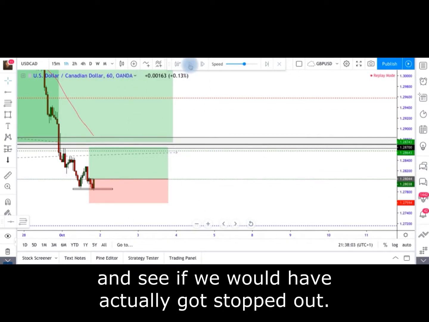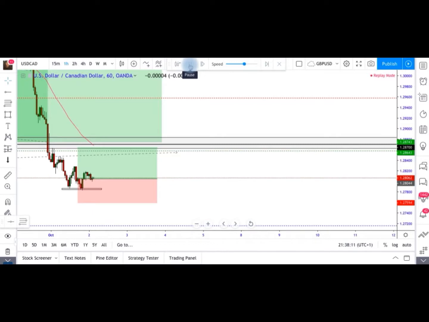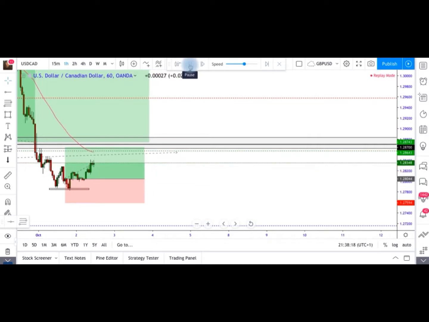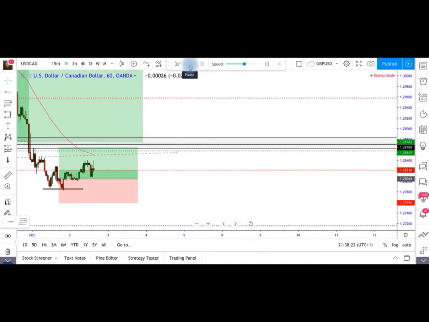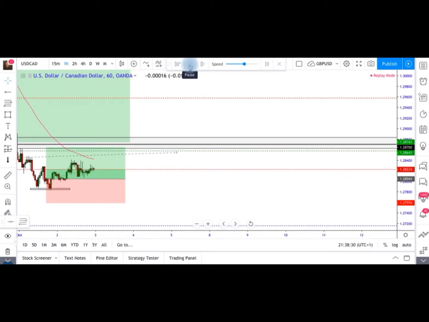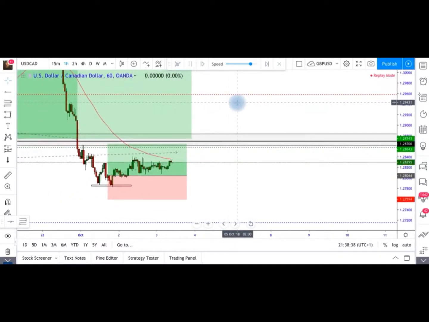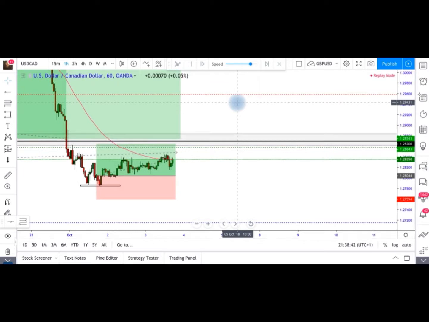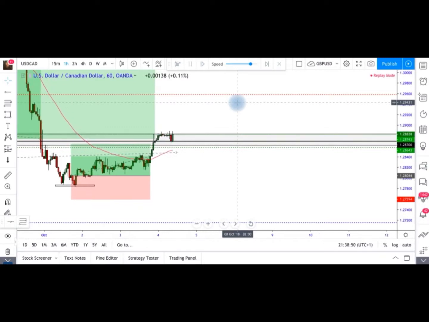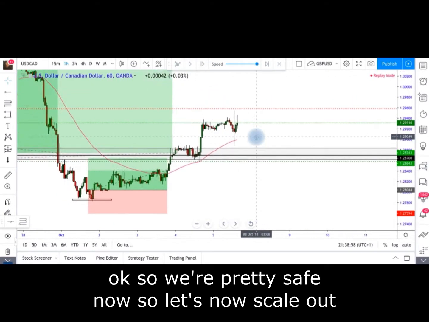So let's just see how it plays out initially and see if we would have actually got stopped out. Okay, so we're pretty safe now. So let's now scale out and look for some targets for this particular trade.